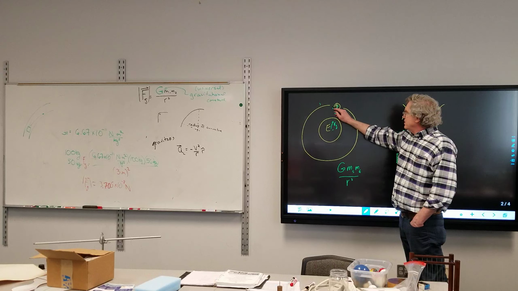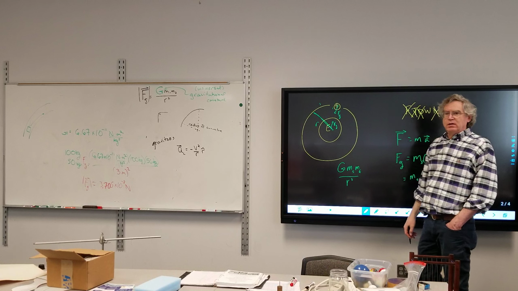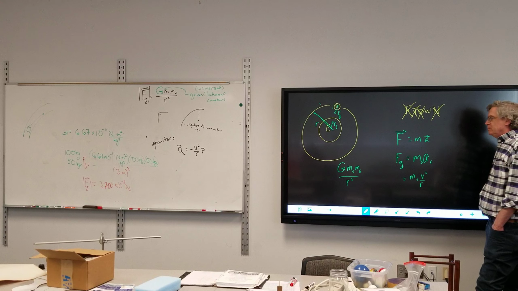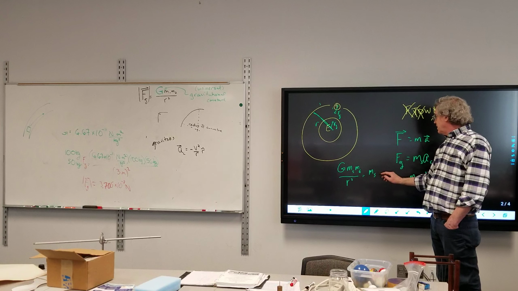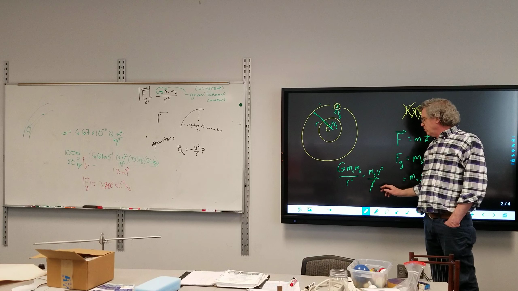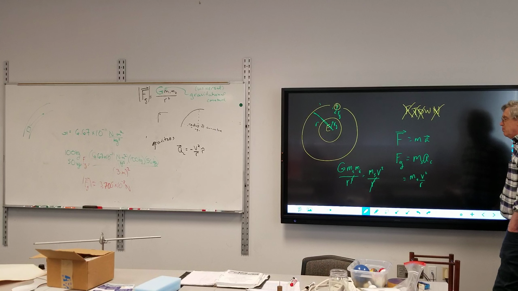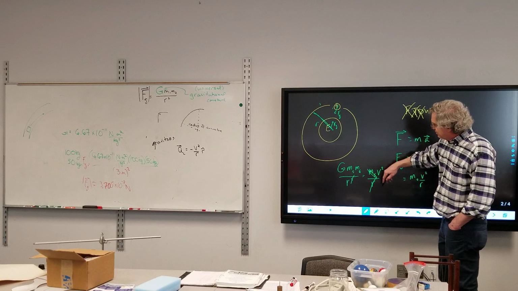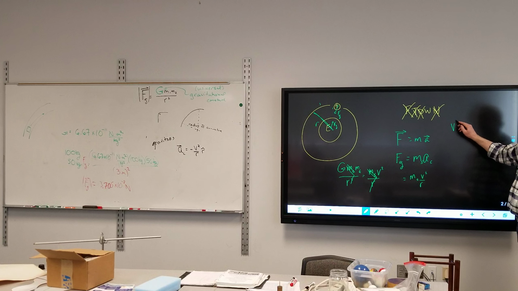And so R is this distance from here to here. That's going to be equal to mass of the satellite times its speed squared over R. So if we multiply both sides by R, one of those goes away. Mass of the satellite goes away, and I'm left with the speed squared is equal to big G, mass of Earth over R.